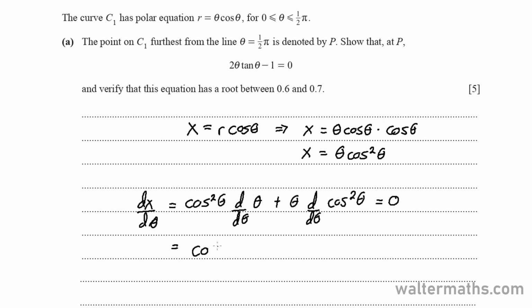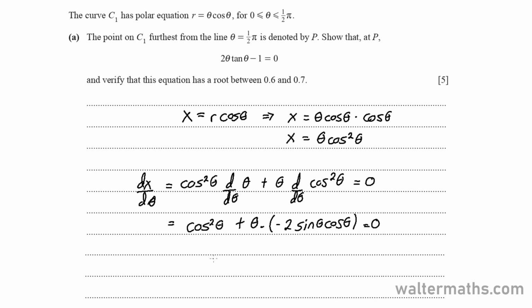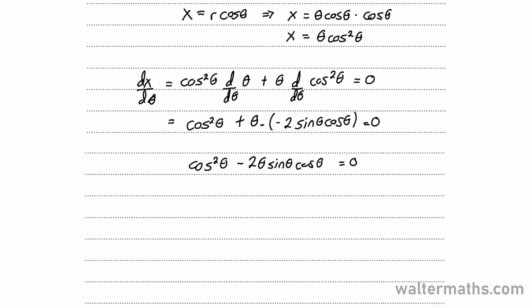So we'll only be having cos squared theta here. And it's plus theta of differentiating cos squared theta. We get minus 2 sine theta cos theta. And that's all equal to 0. Now we'll be having cos squared theta minus 2 theta sine theta cos theta, and it's equal to 0.